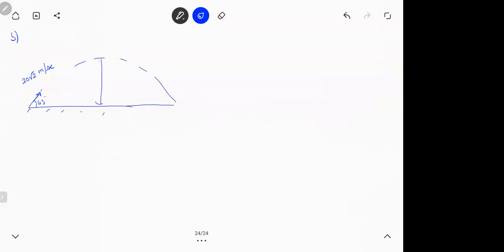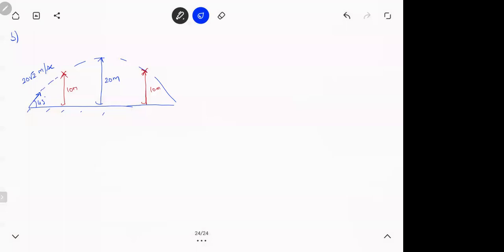Normally, the maximum height was 20 meters. Now you are asking, when will you reach half of maximum height? That is 10 meters. So there are 2 times when you'll reach this point, so you should get 2 answers. One while going up, one while coming down.